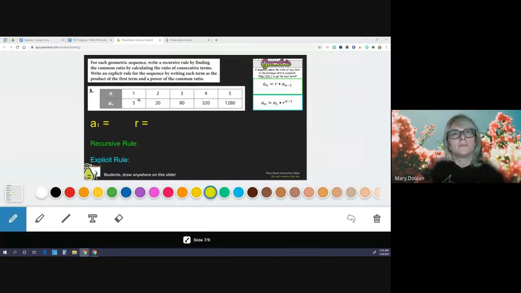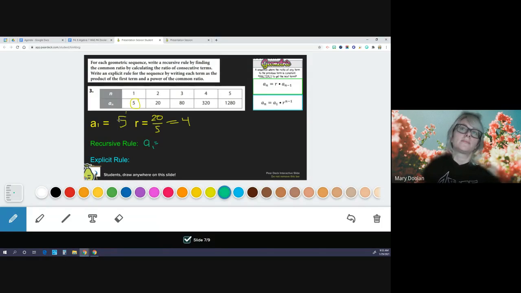So a sub 1, that's where we got the 5. And then the ratio, you just take 2 consecutive terms. Make sure it's the term divided by the one before it. And that's where we got the 4. And then the recursive rule, you always start with what is a sub 1, which is 5. And then you're going to put a sub n is equal to r, which is 4, times a sub n minus 1.